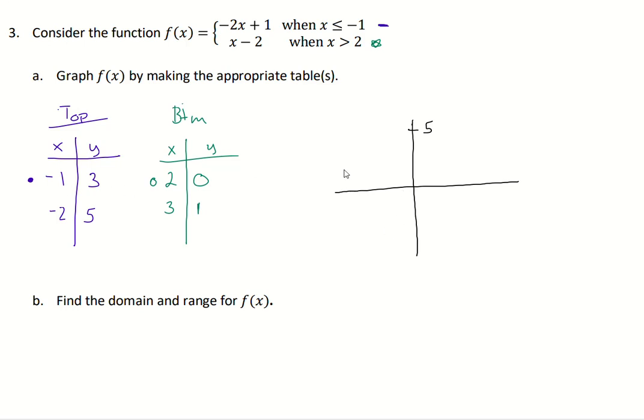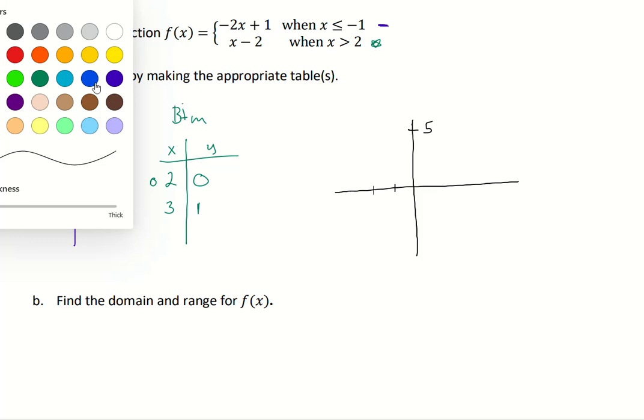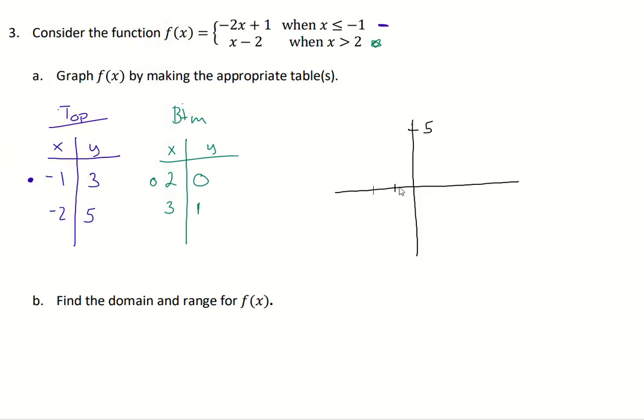Okay, my first function goes from -1 and everything to the left, right? So let's switch to the right color here. I'm just going to plot it. -1, 3. Would you guys believe it if I said it's here? And then -2, 5 up here. There's one mistake that I saw a couple different people make, and it's really easy to make.